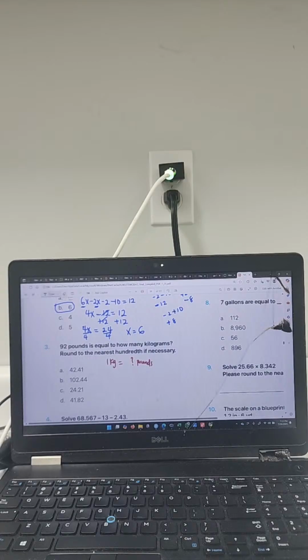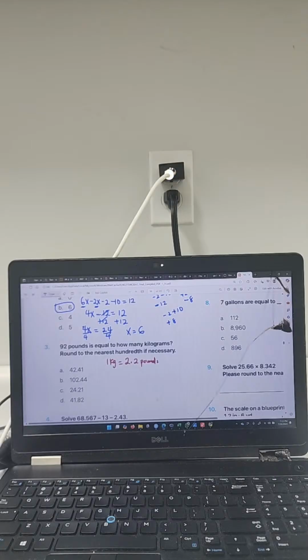So here, 1 kilogram should be equivalent to 2.2 pounds. Yes, 1 kilogram should be equivalent to 2.2 pounds.